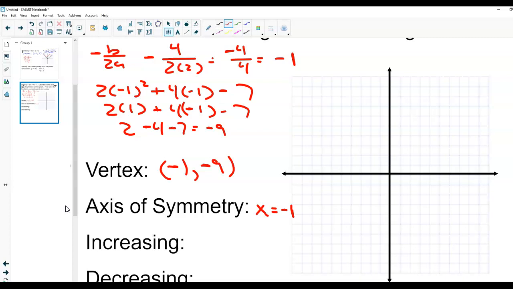Now I'm going to draw my graph to demonstrate the increasing and decreasing spots. This graph's vertex is at (-1, -9), which is right here. Once again, I'm a fan of the chart.